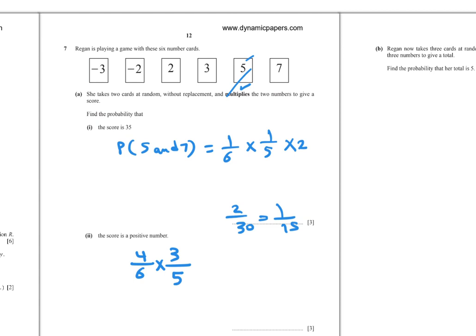Or plus, negative and negative. We have 2 negative numbers, so 2 over 6 times 1 over 5, equals 14 over 30, or you can simplify to 7 over 15.